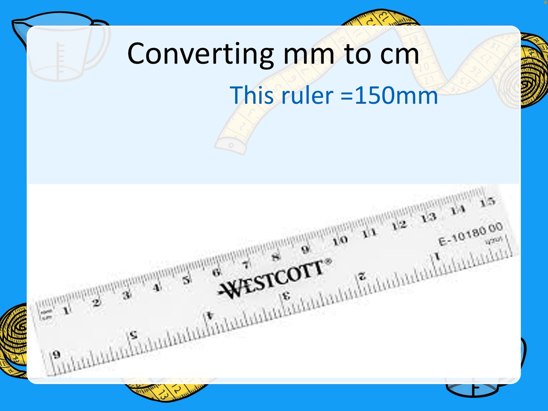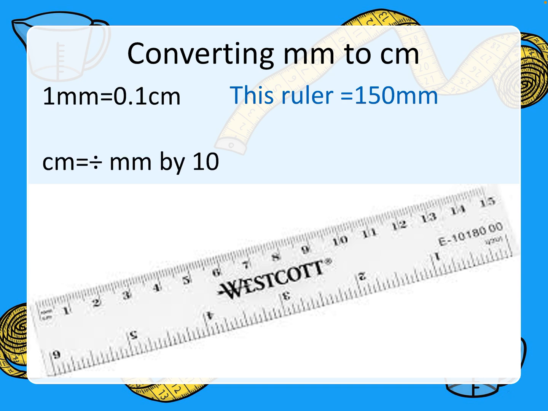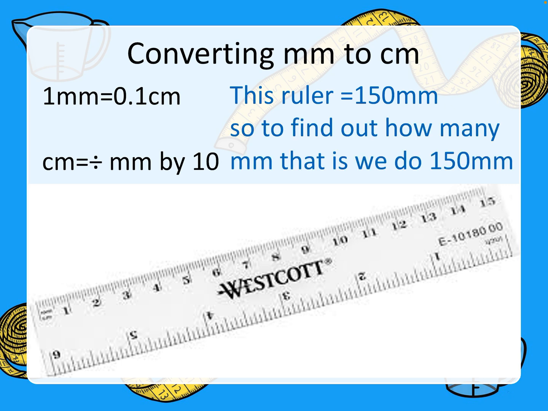So what happens if we convert millimetres to centimetres? So remember this ruler, if we want to say it in millimetres, is 150 millimetres. So in 1 millimetre, there's 0.1 centimetres. Very, very little, okay, because a millimetre is so small. So to find centimetres, we divide the millimetres by 10, which means that we do 150 millimetres divided by 10, so we know that it's 15 centimetres.